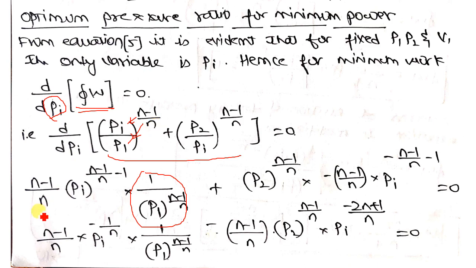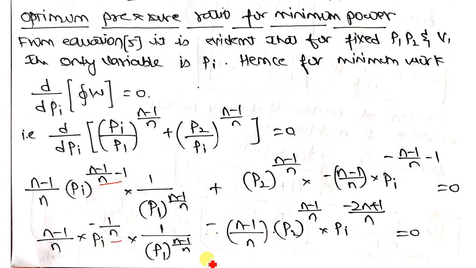Okay, so after that, what happens? Just simplify the things. You take the LCM, you will get it here. And you will get a minus anyhow here. With that minus, you can transfer this whole term to the other side of the 0, so that it becomes positive, which I have done here. See, you will get this expression.